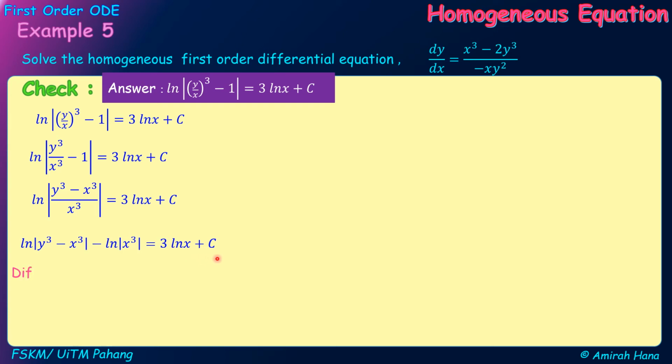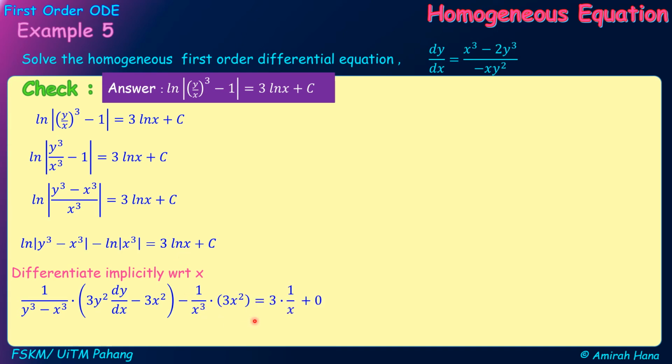From here, we can differentiate implicitly with respect to x. We differentiate implicitly because we have the variable y here and we cannot write y as the subject. Then after we differentiate implicitly, we get this. Let me check one by one.